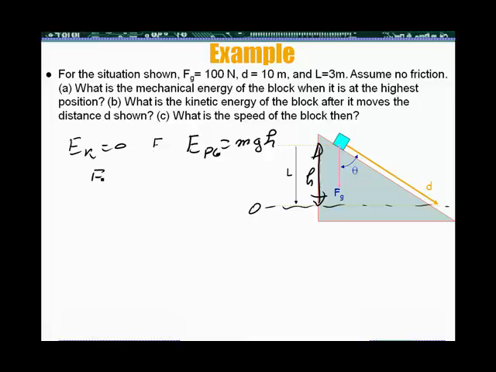So EPG at that point is going to be equal to the mass times g times 3 meters. And mass times g is the 100 newtons here. So 100 newtons times 3 meters, that will give us 300 joules.